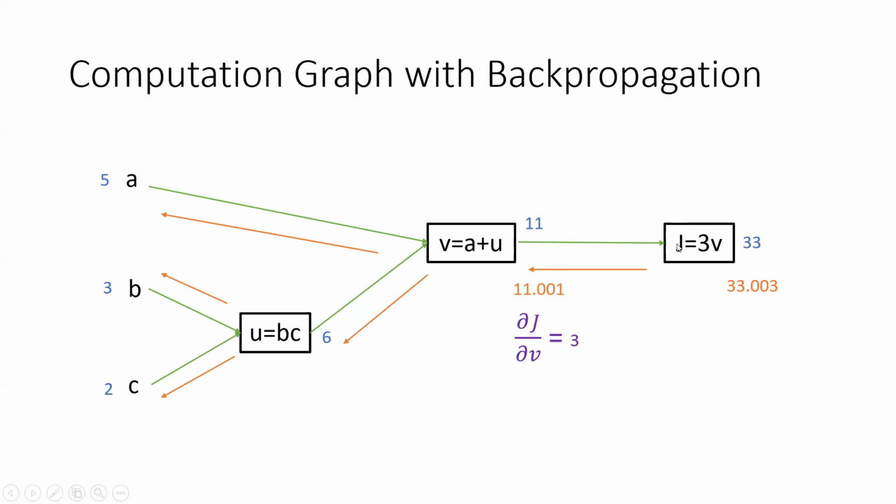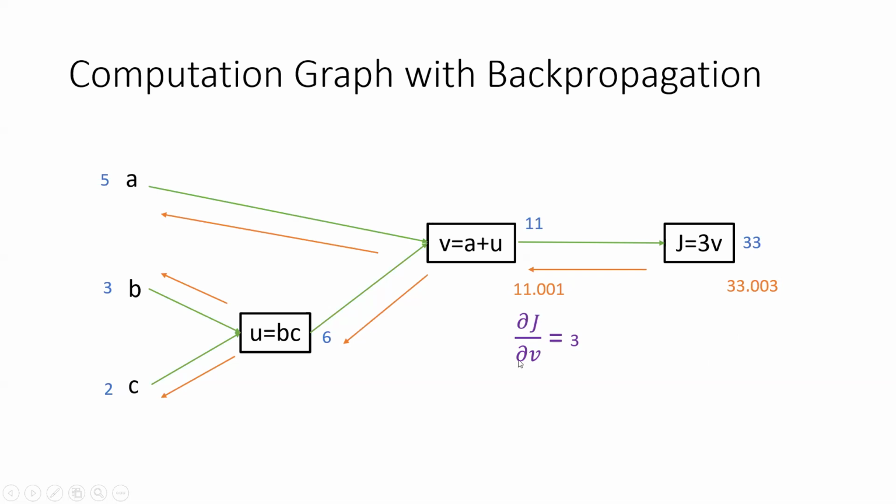So you can find that ∂J by ∂V is 3. Because when you increase V by 0.001, J has increased by 0.003. Because of that, we can say the gradient, or the ratio of J and V, is 3.